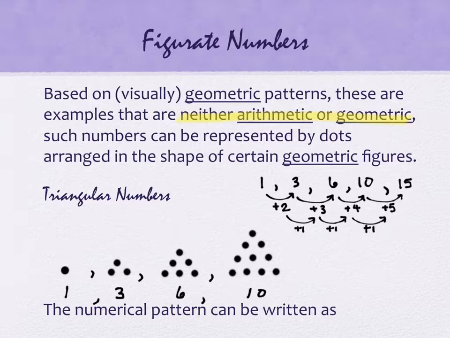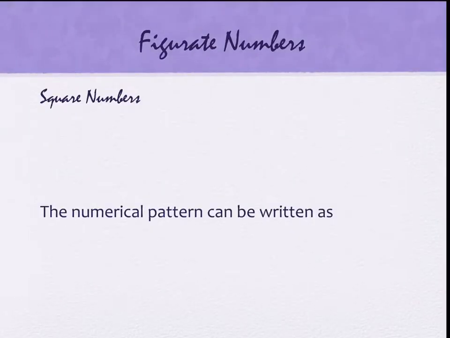I have one more that I want to show you, and these are square numbers. So dots again, right? Do 1 dot, and then we're going to do this shape. That shape.